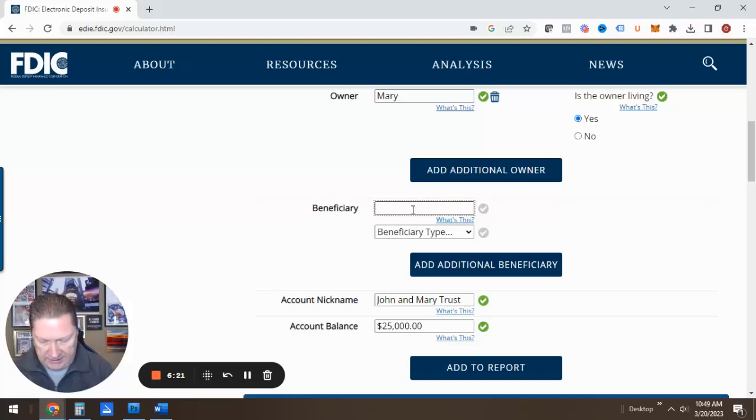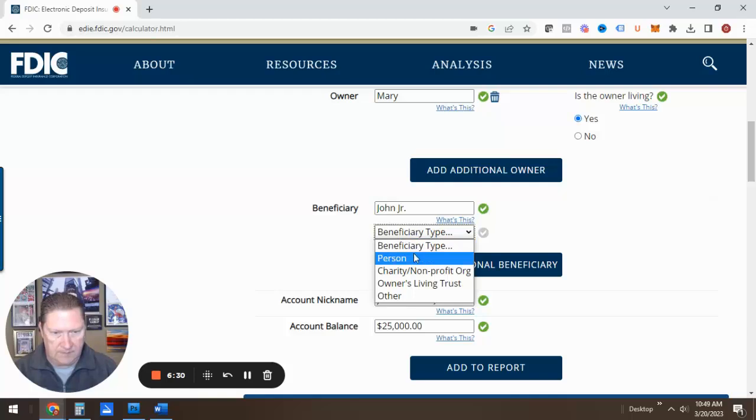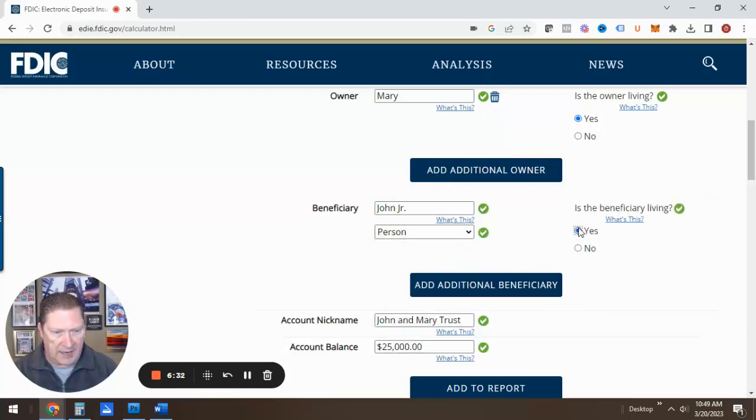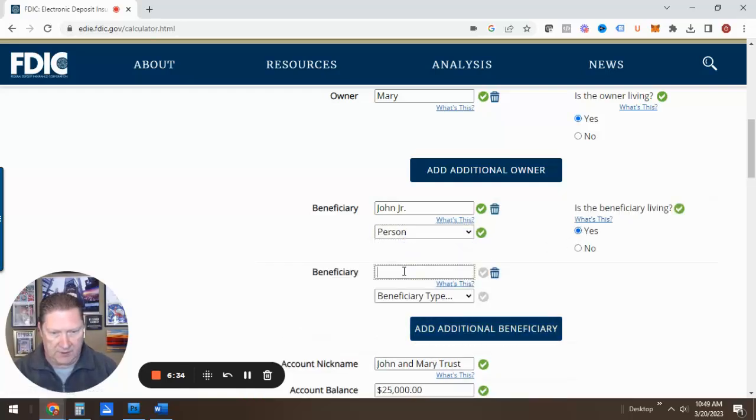So let's list the two kids. John Jr. is a person and is living. One beneficiary. Let's put Rachel. John Jr. and Rachel.